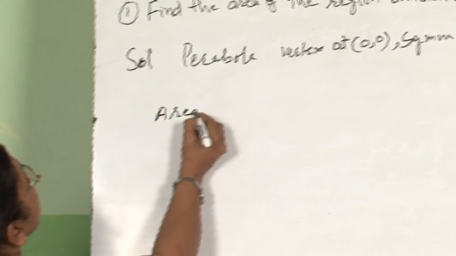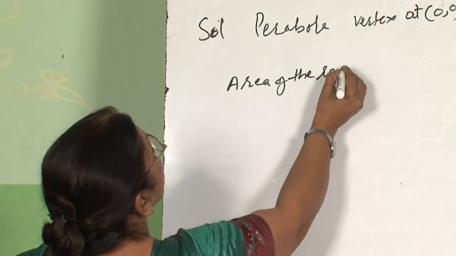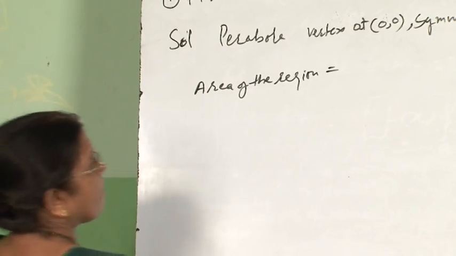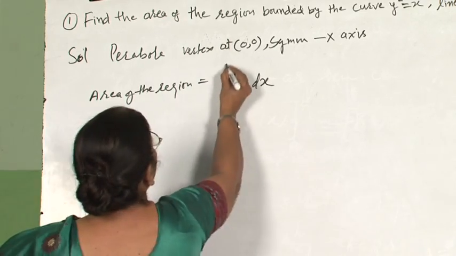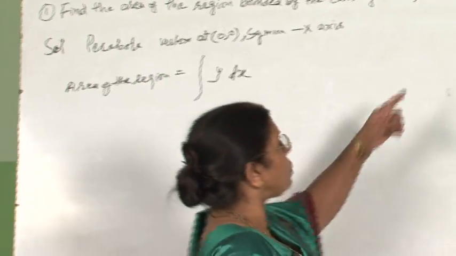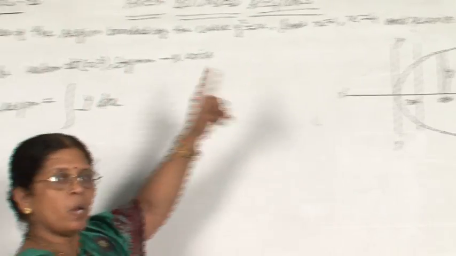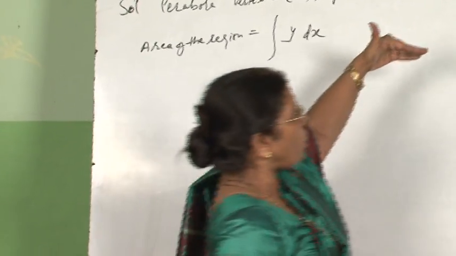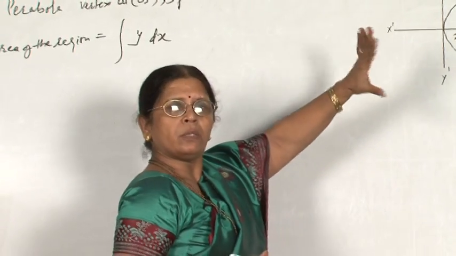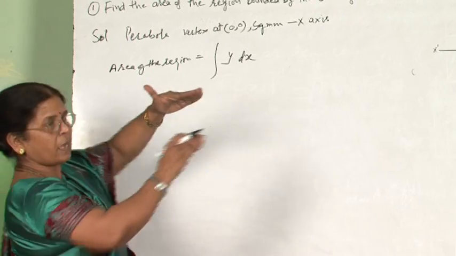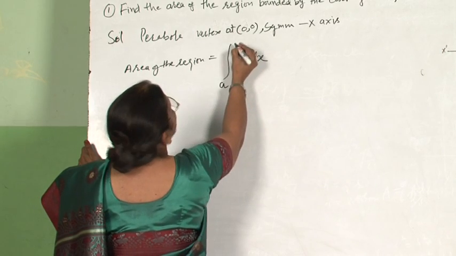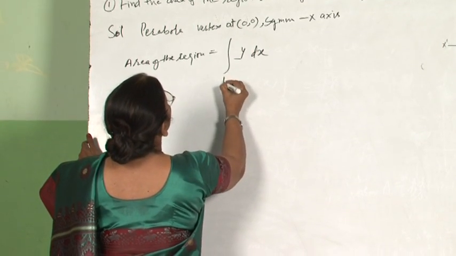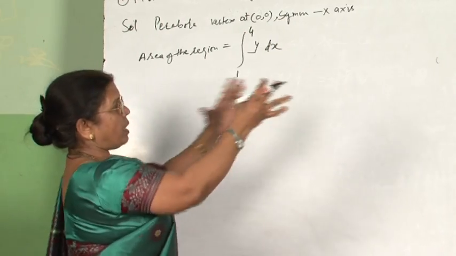This is y dx, because upper end of the strip lies on the parabola. So, we have to take value of y from the parabola. Lower end of the strip lies on the x-axis, so no need of taking that value because on x-axis value of y is 0, and x from 1 to 4. So, this is the area of the bounded region.